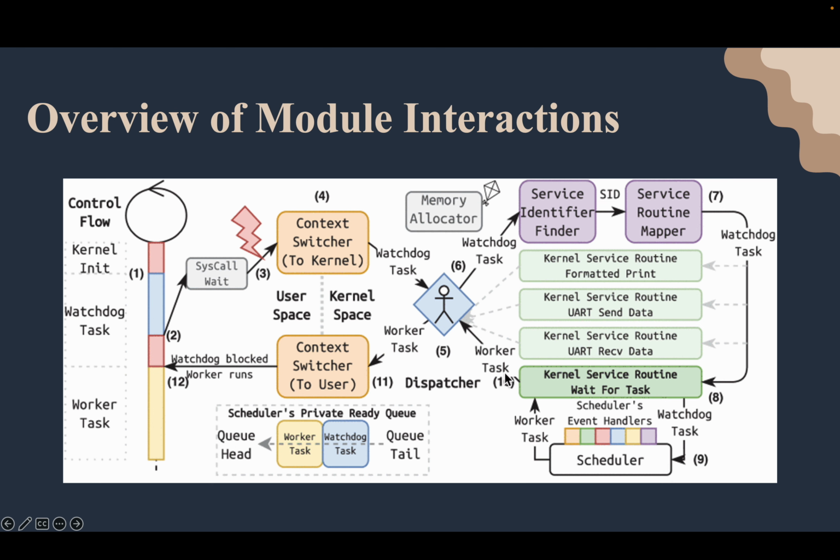The dispatcher knows the next task to run, so it asks the context switcher to exit from the kernel and switch back to the unprivileged mode. 11. And resume the worker task. 12. Also not used in this example. There are multiple memory allocators that provide dynamically allocated memory for the kernel and user applications as needed.